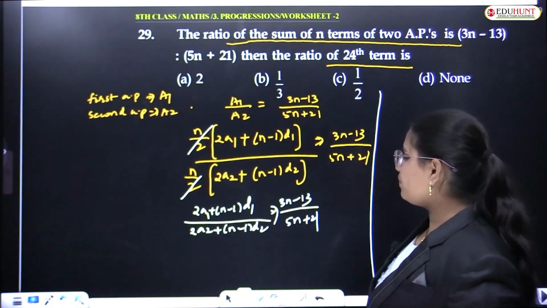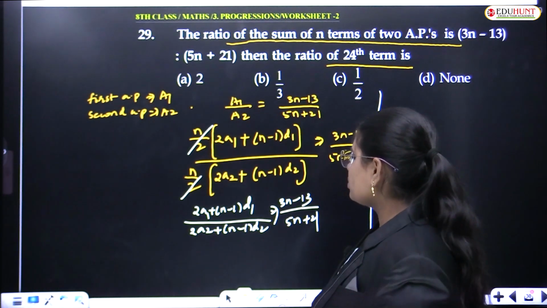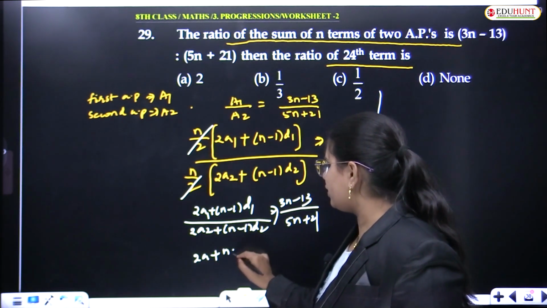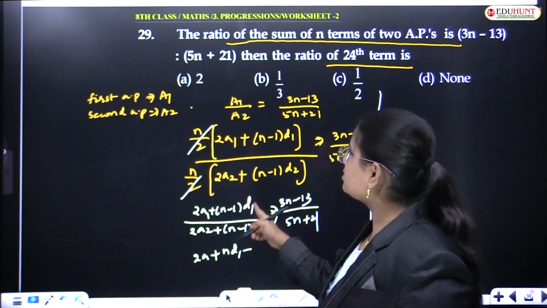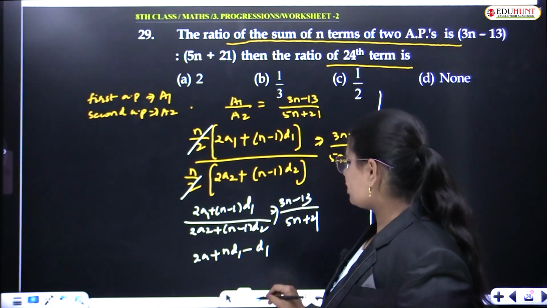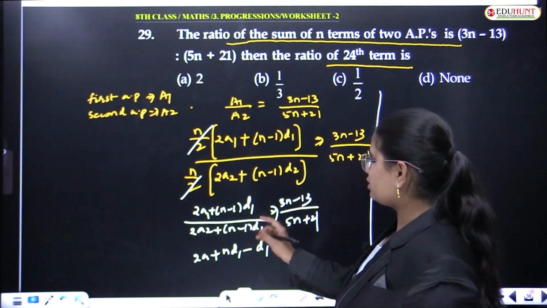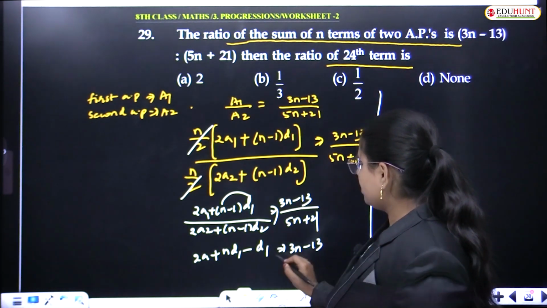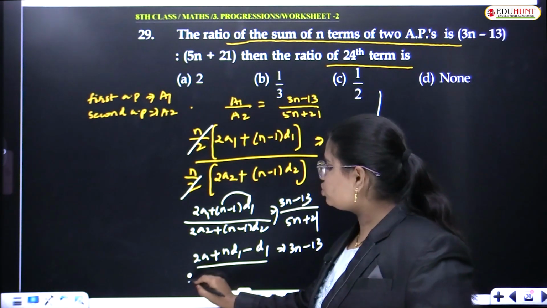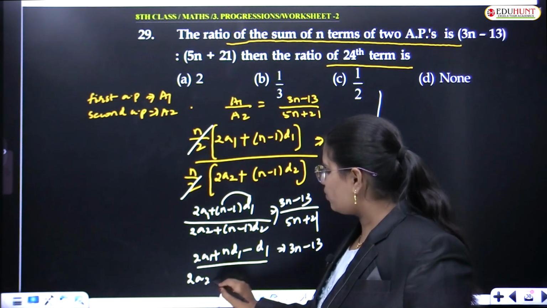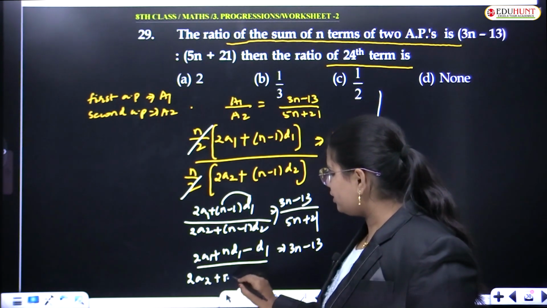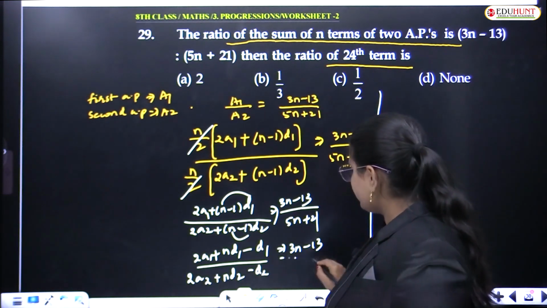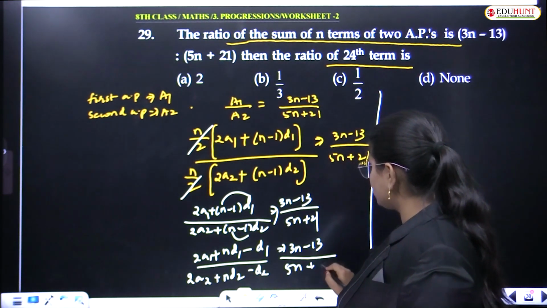Just multiply: 2A1 plus nD1 minus D1, correct? I am multiplying this with this, so 3n minus 13, and this will also be equal to 2A2 plus nD2 minus D2, divided by 5n plus 21.